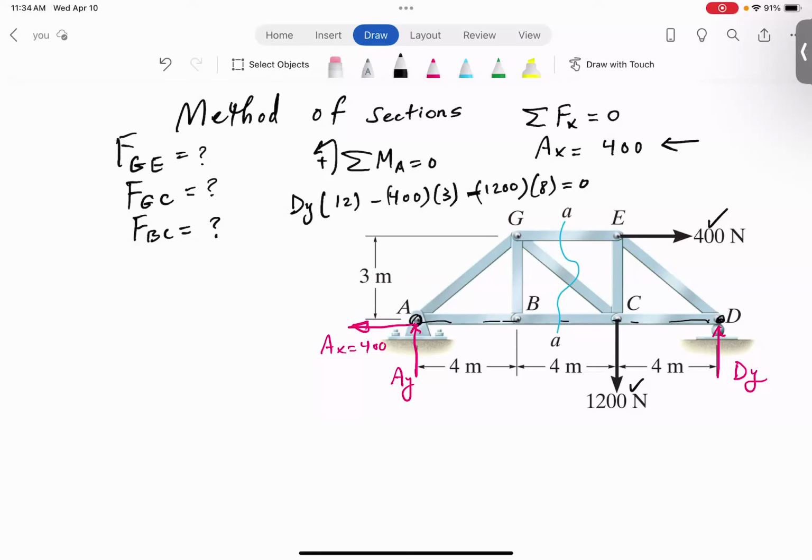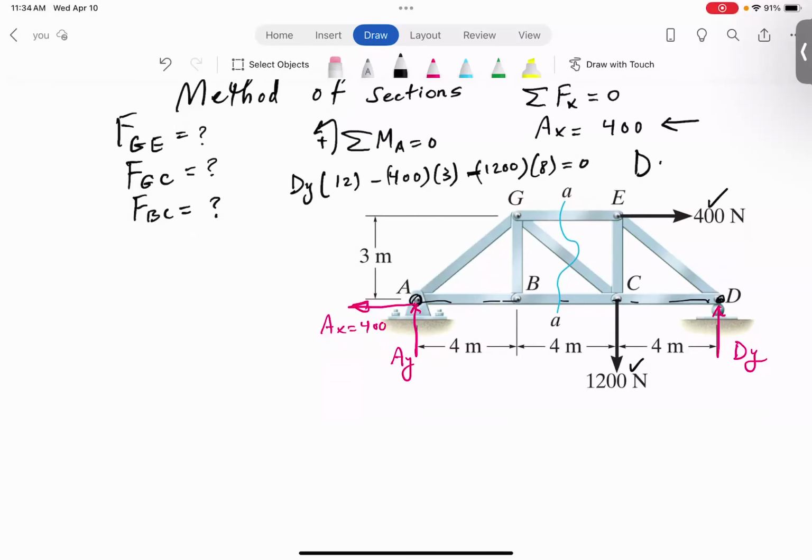So DY is 900, and if you have 1200 going down, so what should be AY? Just balancing the forces, AY should be 300. So just balancing the forces in the Y direction, AY becomes 300, and the direction of it is up.